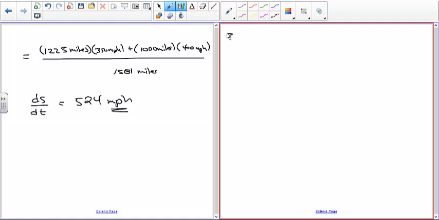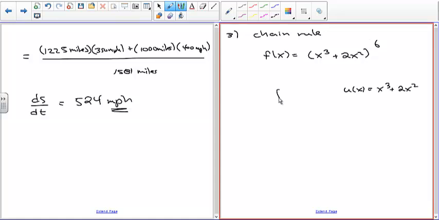So this number 3 is a chain rule problem. So if we have f of x equals x cubed plus 2x squared to the 6th power, we usually say that the thing in the parentheses is the u of x part. So you get u = x cubed plus 2x squared, f of u equals u to the 6th. So you take the derivative of each one of those. With respect to u, you get 6u to the 5th.